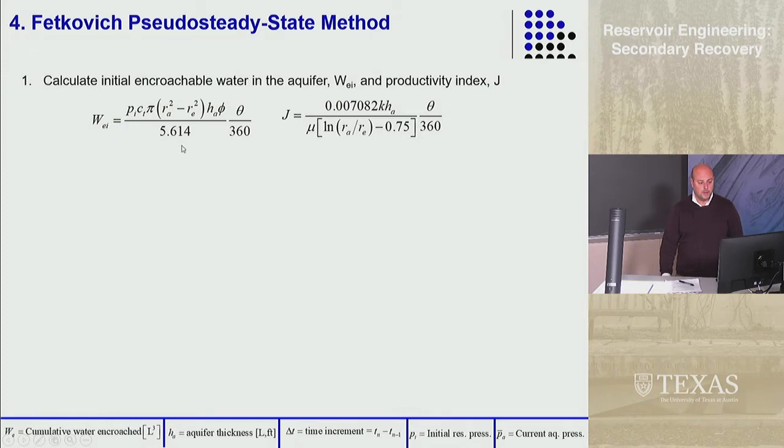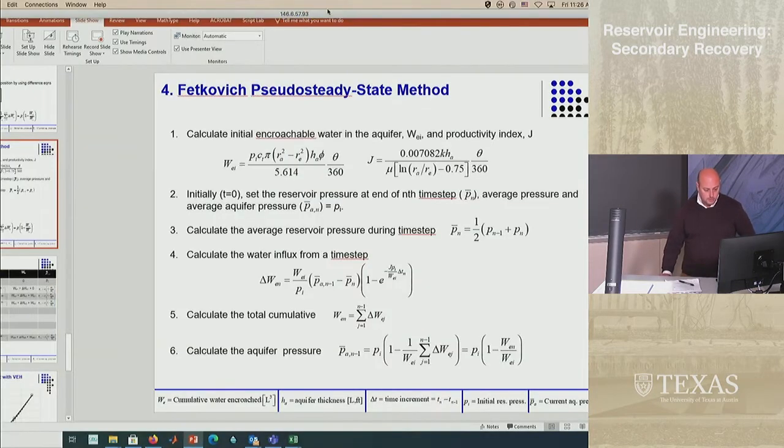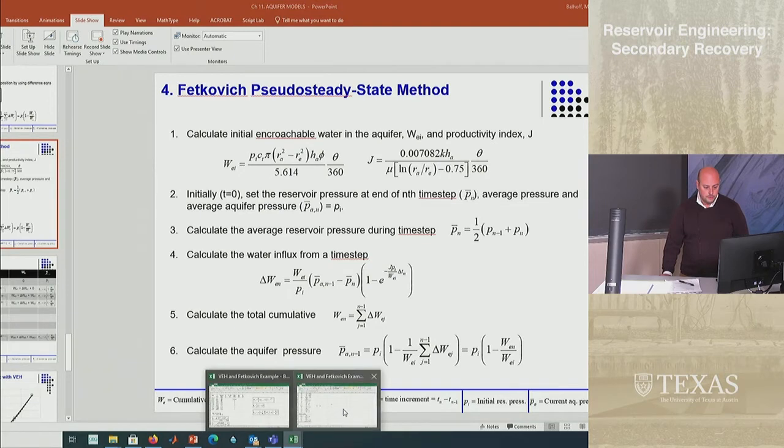So again, we're putting radius and thickness in feet, and this 5.61 will automatically convert that to barrels. And then J is this constant, which is a conversion factor, times K times the aquifer thickness times F divided by the viscosity times the natural log of the aquifer radius divided by the reservoir radius minus 0.75. That would be a little tedious to put in, but I did that for you.